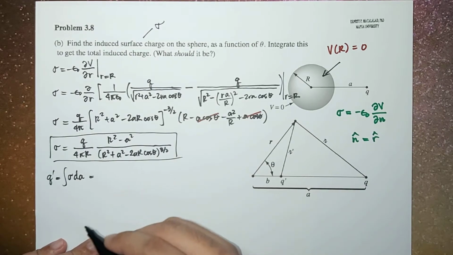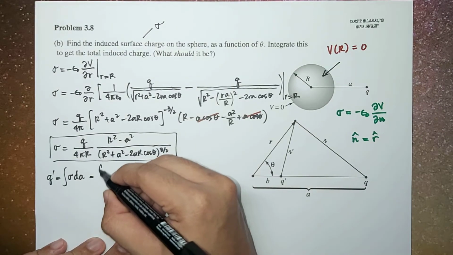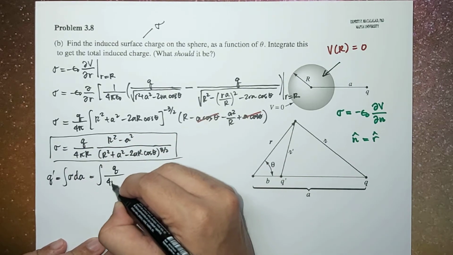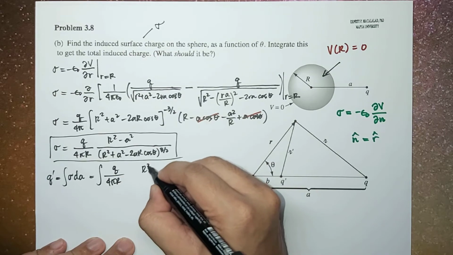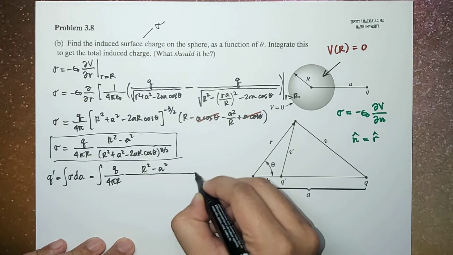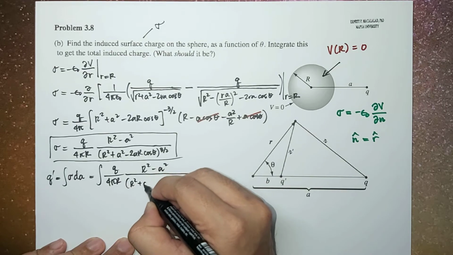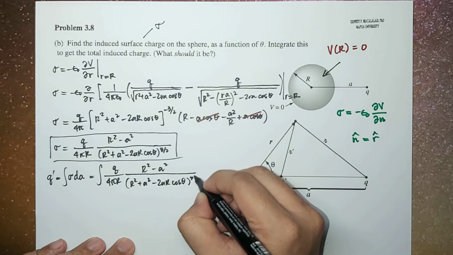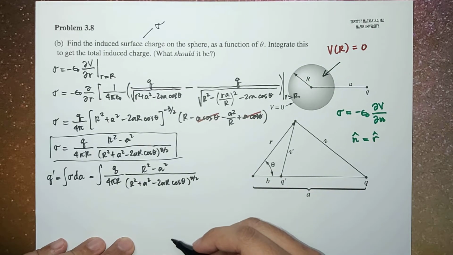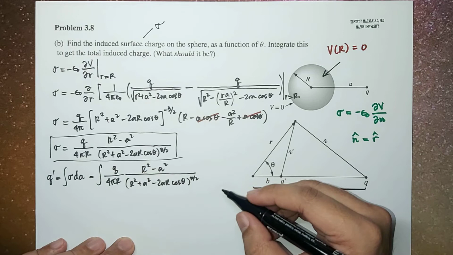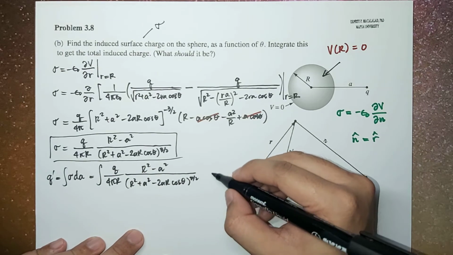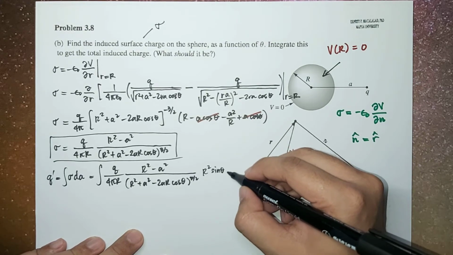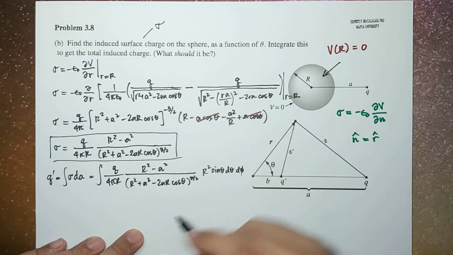So this is q over 4 pi capital R times R squared minus a squared times R squared plus a squared minus 2aR cosine theta to the 3 halves times the surface area element, that's capital R squared sine theta d theta d phi.